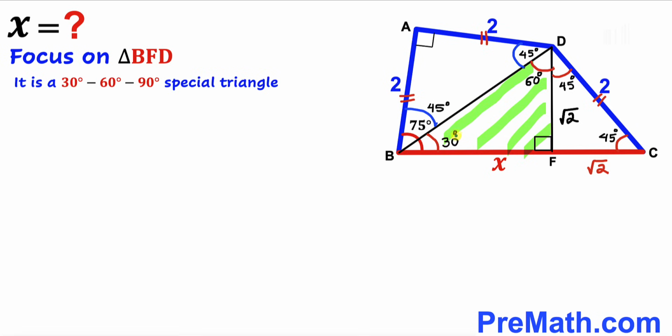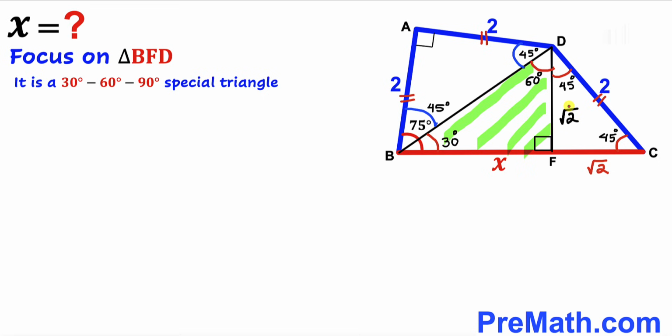So therefore the side opposite to the smallest angle is going to be our smallest leg, whereas the side opposite to this largest angle has got to be our longest leg. So therefore in such a special 30, 60, 90 triangle, the longest leg is always twice the smallest leg.